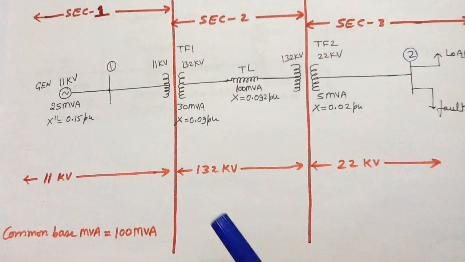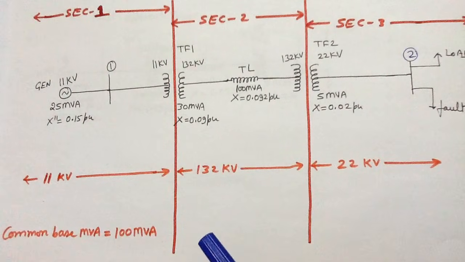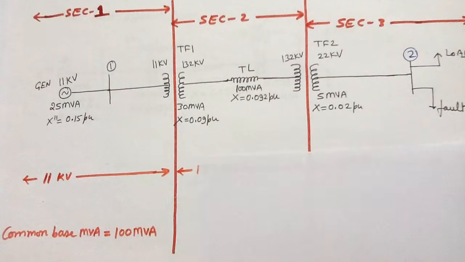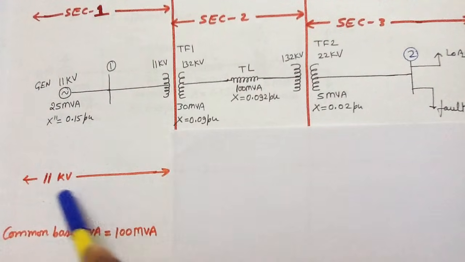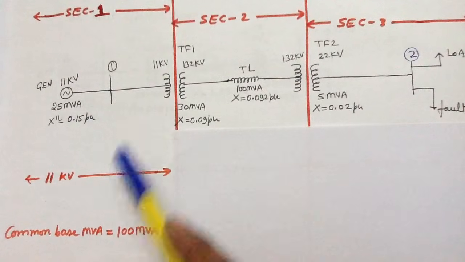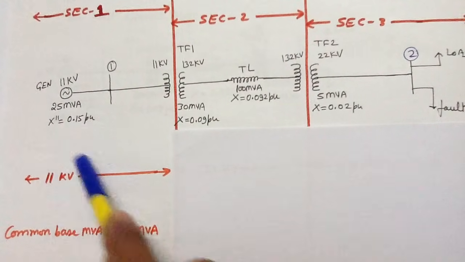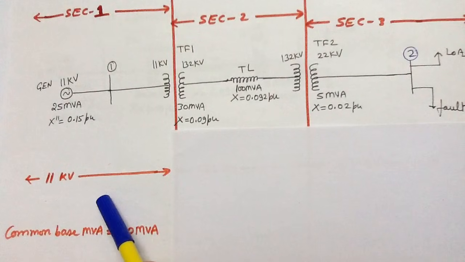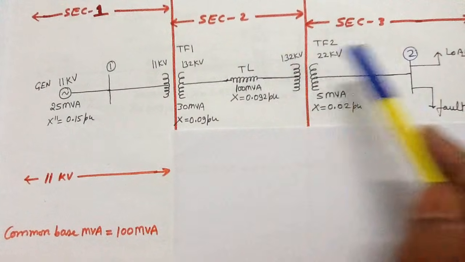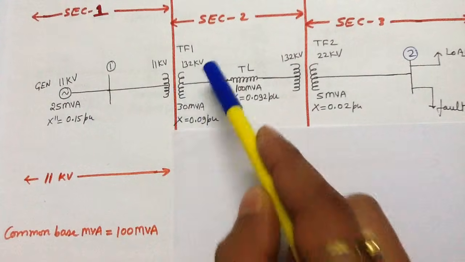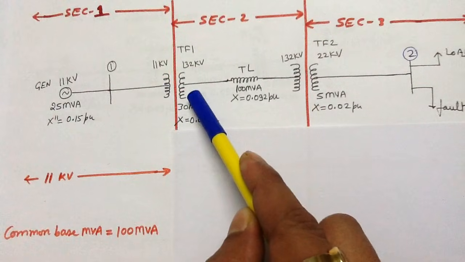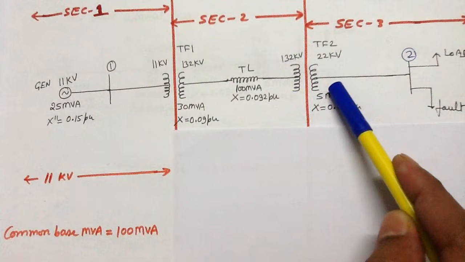Now, you have to select a suitable base voltage in one of the sections of the power system network. Here I have selected 11 kV as a new base voltage in section number 1, and automatically this new base voltage will get transformed in section number 2 and in section number 3 according to the transformation ratio of transformer number 1 and transformer number 2.